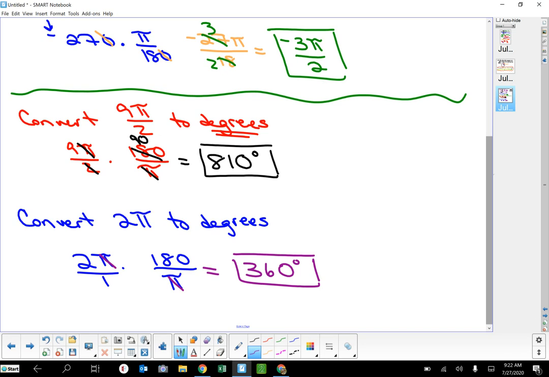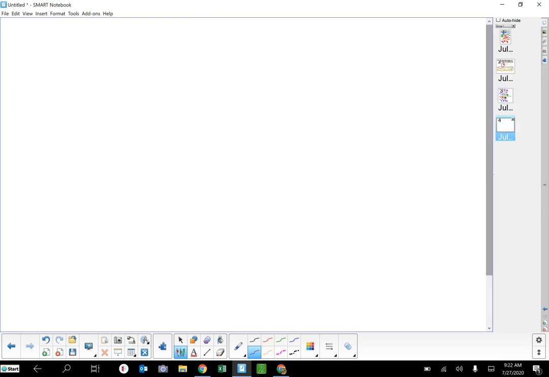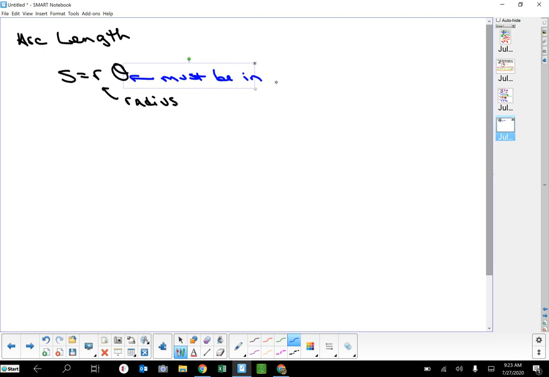Okay, the next couple things we have to talk about are arc length and area of a sector. Arc length we sort of touched on in the definition of a radian. Arc length is real straightforward. The formula is S equals R theta, where R is the radius of the circle. The only trick here is that theta must be in radians. So if it's not, you have to make sure that you convert it, okay?